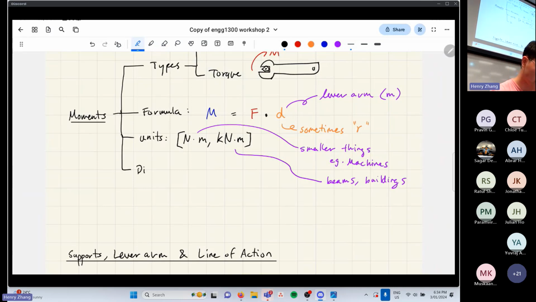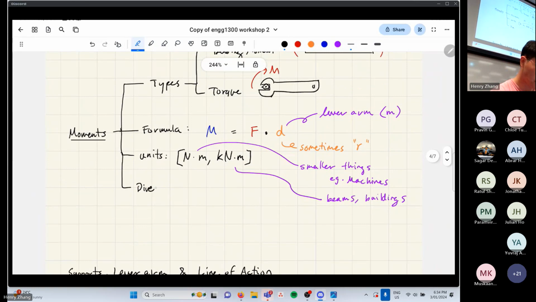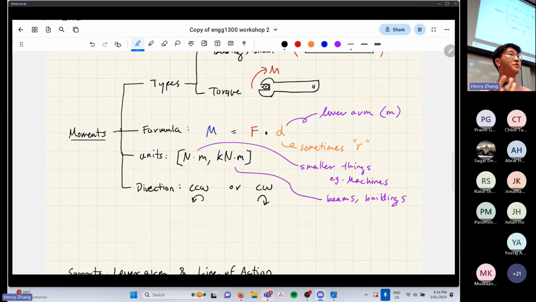And then directions. So instead of moments going up, down, left and right like forces, moments can be counterclockwise or clockwise, right? Sometimes they're denoted with an arrow spinning in said direction.